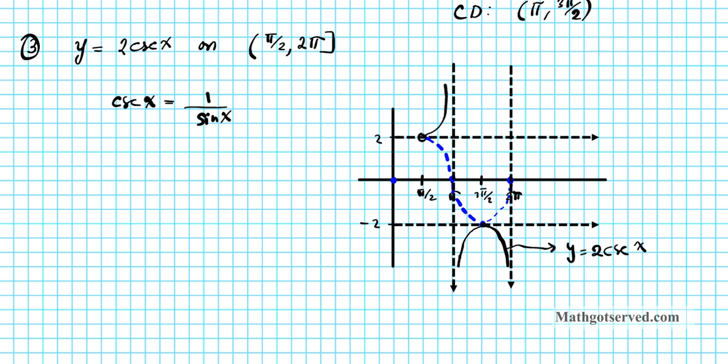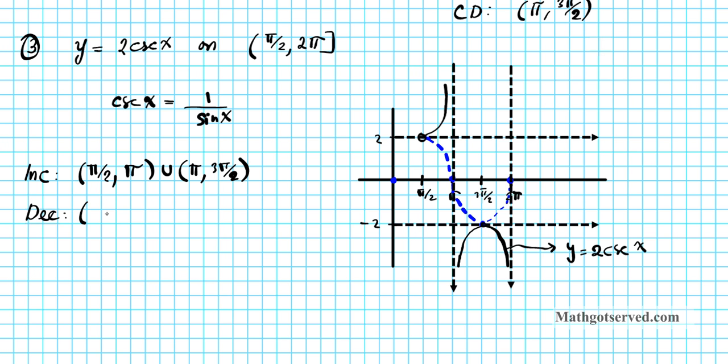Now let's do the analysis. Where is it increasing? It's increasing from pi over 2 all the way to pi. And after you jump over the asymptotes, the infinite discontinuity, you're also increasing from pi to 3 pi over 2. How about decreasing? On what interval is it decreasing?